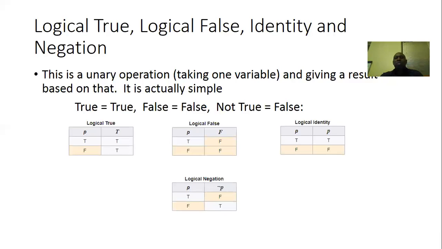And the fourth is the logical identity, where the input is the same thing as the result. There are situations where you meet these types of operators logically, and you should be able to understand and deal with them after this lesson.